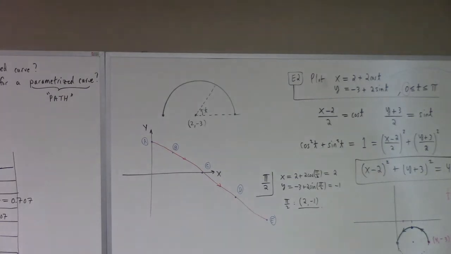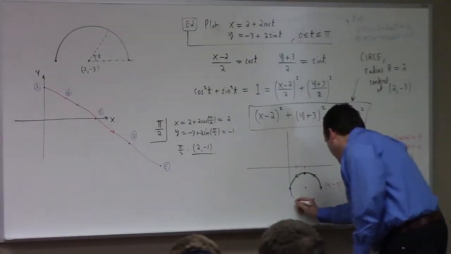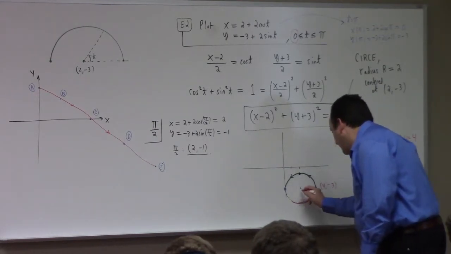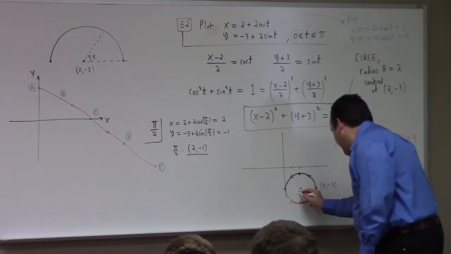Now that you see that, what if I asked you to parameterize something else, like just this piece down here, in that direction, where this angle is pi over 3?